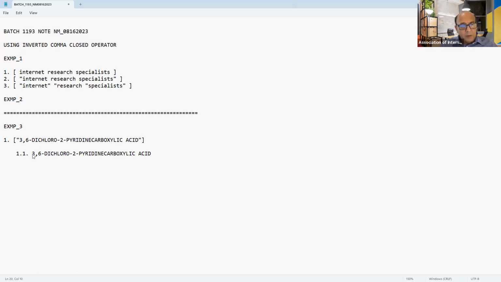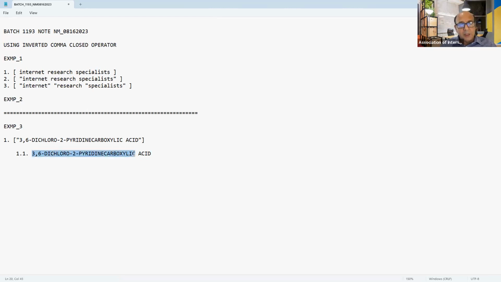So in this one, you could see that 3, 6, then you've got dash, then you've got dichloro, then dash 2, all of it without any gaps in between what is next to each other. You can see that it is making it into one single search word or a key term. And what comes after the gap that we have intentionally left, the word acid, makes acid the second word in this query.